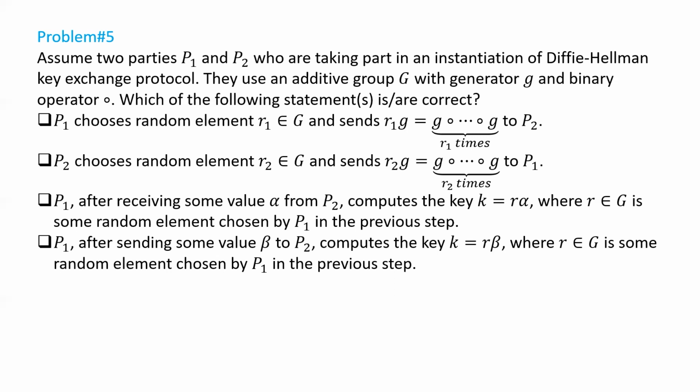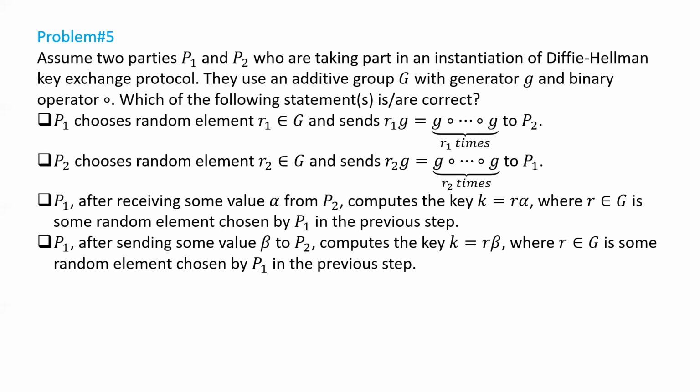If we map this statement with the first two statements, P1 receives, say, R2G from P2 and then computes the key as R1 times R2G, where R equals R1, because R1 was chosen by P1 in the first step. So R1, R2G is the key computed by P1. So this statement is also true.